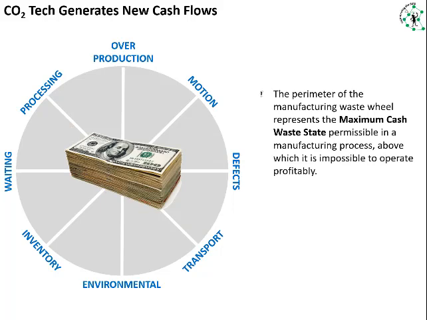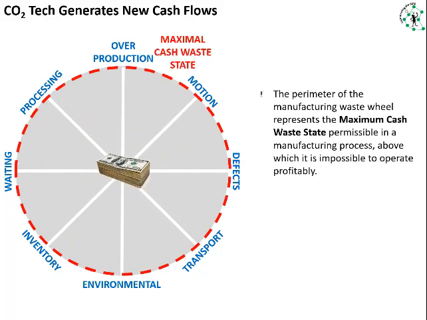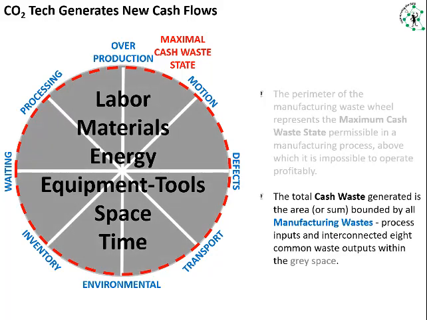The perimeter of the manufacturing waste wheel represents the maximum cash waste state permissible in a manufacturing process. Above this point, it is impossible to operate profitably. The total cash waste generated is the area bounded by all manufacturing wastes, process inputs, and 8 common waste outputs within the gray space.